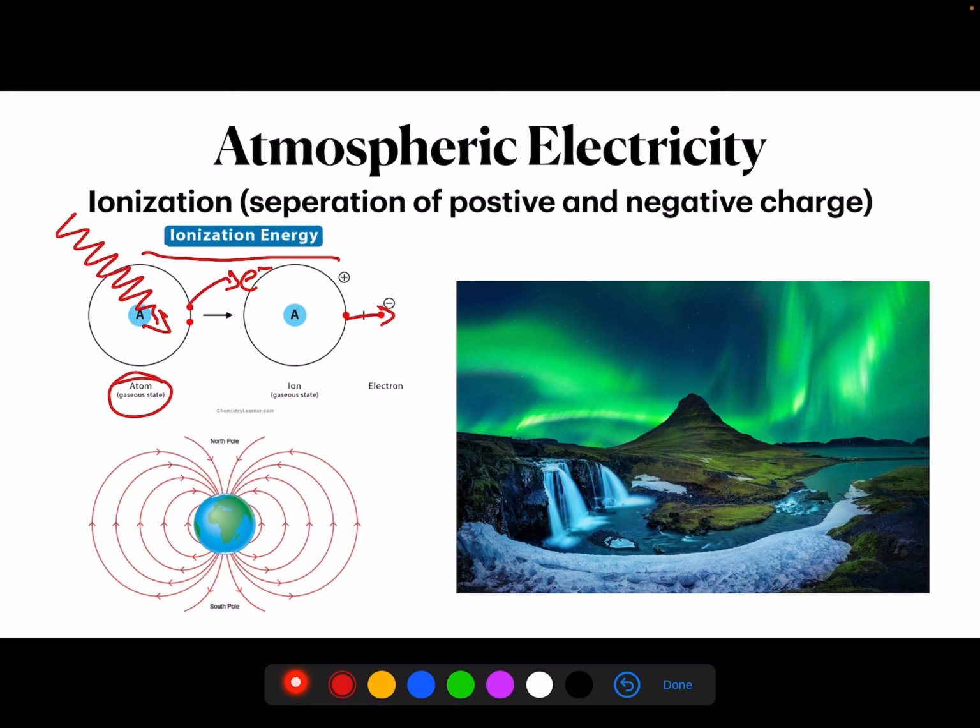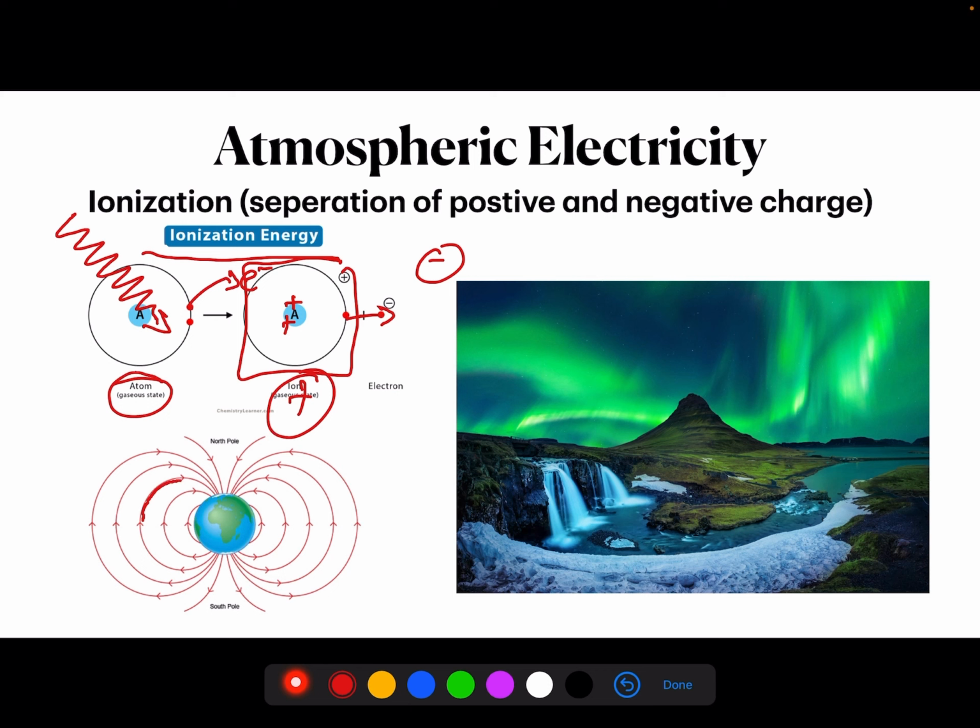So you get a free electron floating around, and the nucleus is positive. If it had two positives and two negatives, it would be neutral. Now it kicked off an electron, so this part is net positive, and the free electron is obviously negative. So that's ionization.